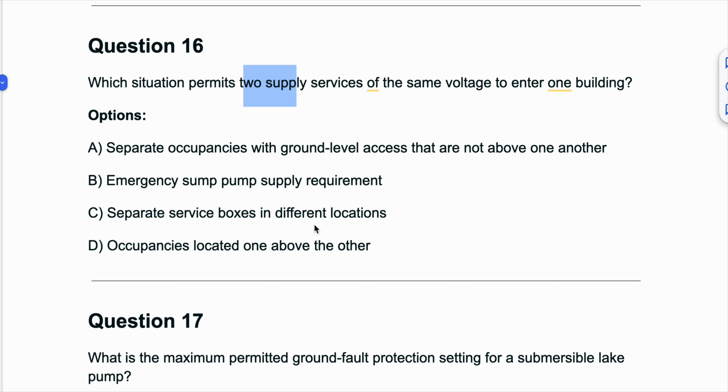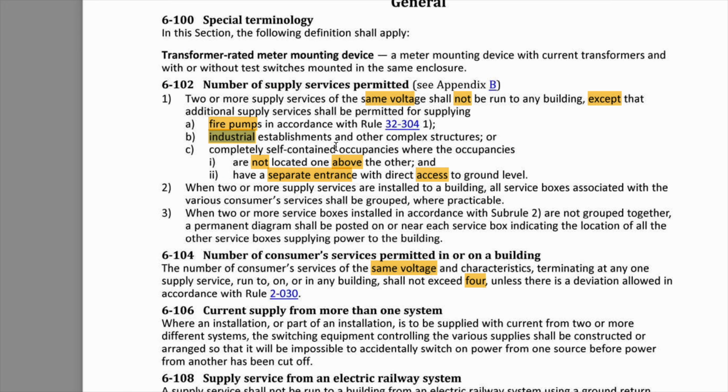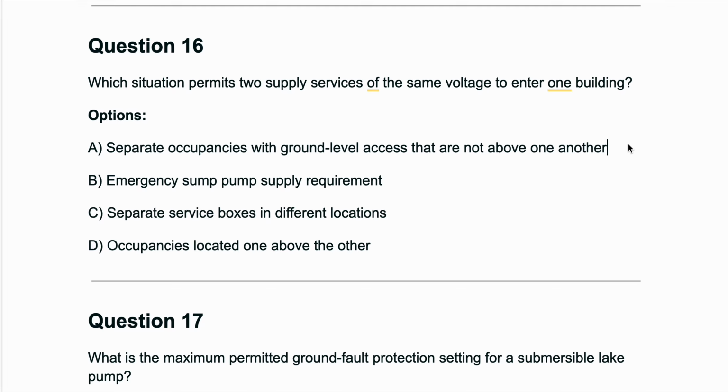So it's acceptable if separate occupancies have ground level access, separate entrances, and are not above another. So this one can be the answer. An emergency sump pump, no, it's not a sump pump, it's a fire pump. Separate service boxes in different locations, no. Occupancy located above another, no, so it's not located above another. And a separate entrance, so this one is the answer.